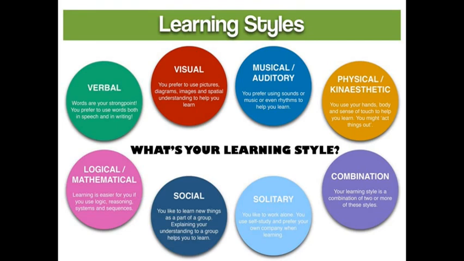You like to work alone. You will self-study, preferring your own mind when you're learning. Next is combination. Your learning style is a combination of two or more of these styles.